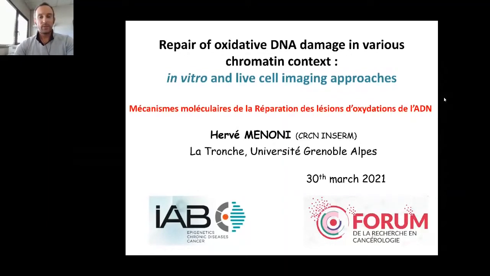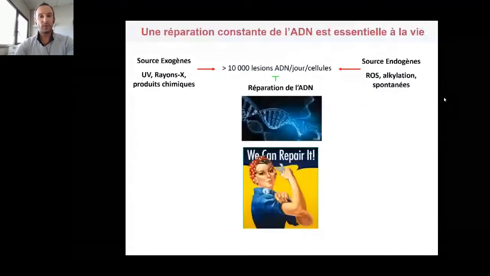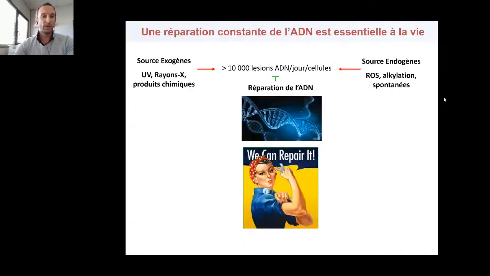So DNA repair is essential for life. Every day, in every single cell of our body, we have more than 10,000 lesions occurring from different sources, either exogenous or endogenous, but we can repair them.